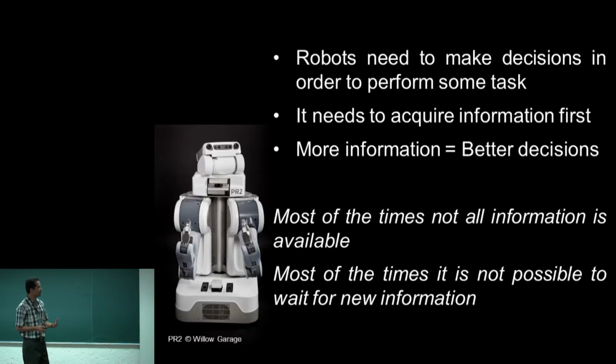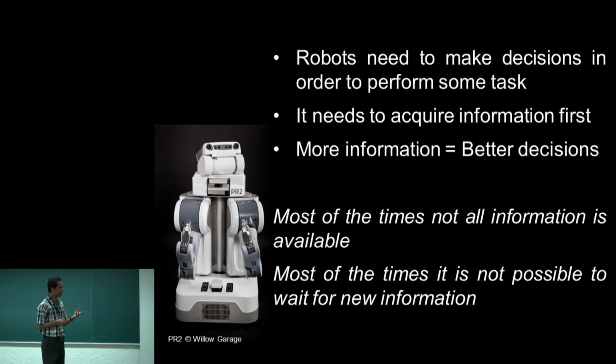So in order to perform some tasks, robots need to make a lot of decisions. In order to make decisions, the robot needs to acquire information from the environment. And the more information we have, the better decisions we can make, right? I think this is very basic. But what is the problem? The problem is that most of the time, not all information is available.